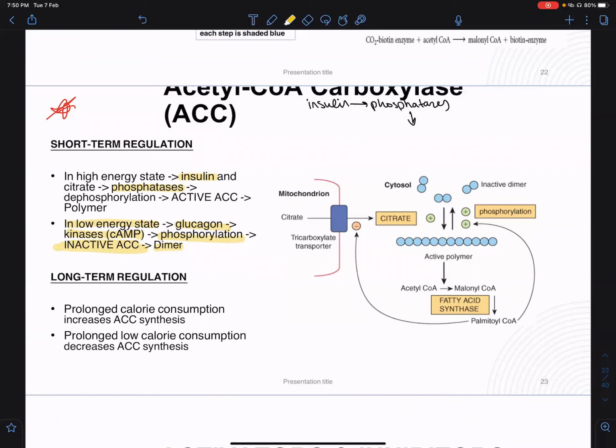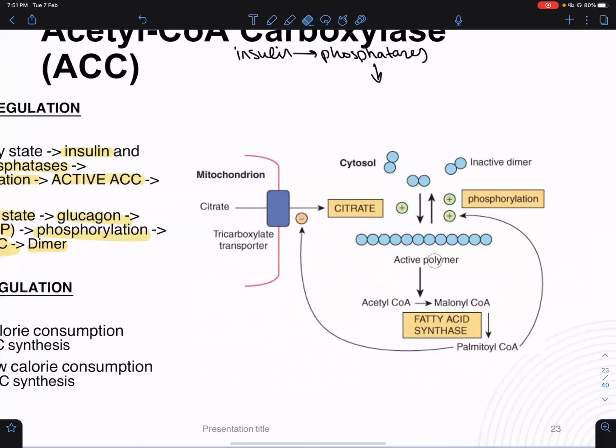So it's going to dephosphorylate the ACC, or the acetyl-CoA carboxylase, which is the rate-limiting enzyme. Because it's dephosphorylated, it actually becomes active. That's how it's activated, and it becomes a polymer form. So again, insulin causes the activation of phosphatases. Phosphatases dephosphorylate the ACC, which causes it to be active and in the polymer form. Okay, so an active polymer. Is it clear now?